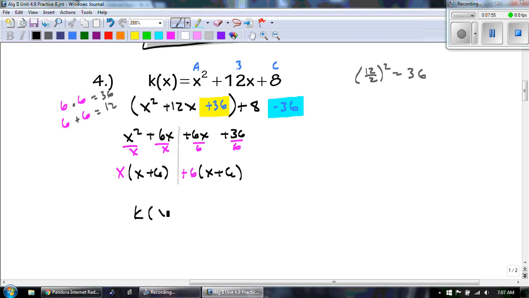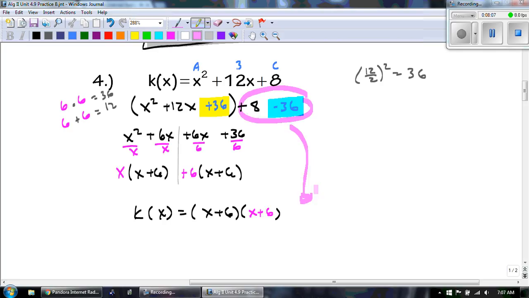So we have k of x equaling x plus 6 and x plus 6. And then 8 minus 36 is negative 28. And then our final answer is x plus 6 squared minus 28.